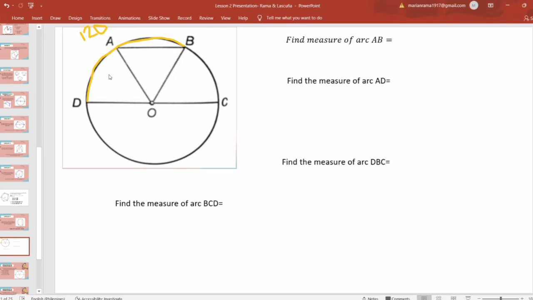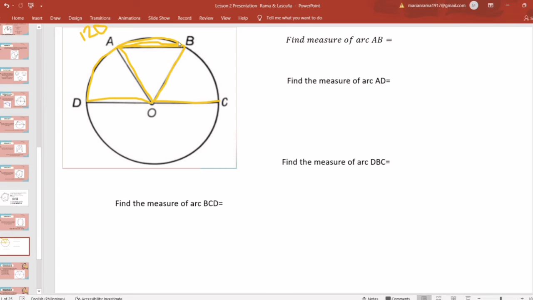Since AO, BO, CO, and DO are the lengths of our radii, we have AO equal to BO, equal to DO, and equal to CO. Because DO is equal to AB, it follows that AO is equal to AB.